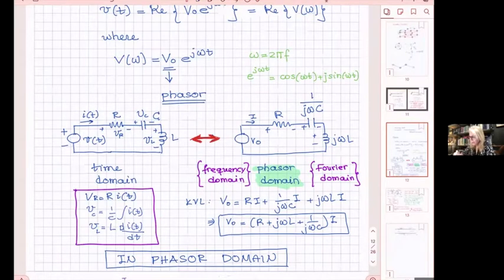But at this point, you just need to remember that we are going from the circuit to the left to the circuit to the right, which we call the phasor domain. And from there, we just apply the traditional circuit relations. For example, I applied here KVL, and I found this particular relationship for that circuit.